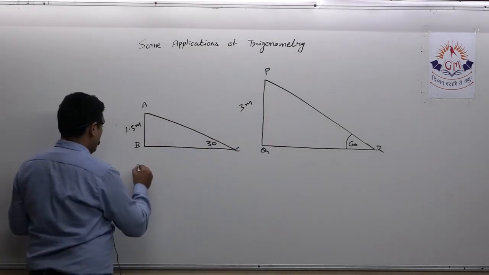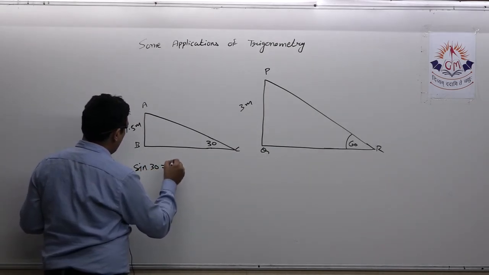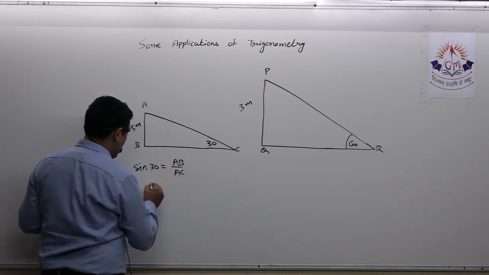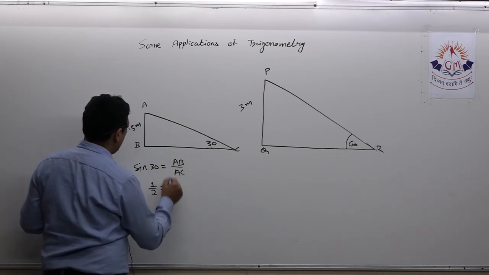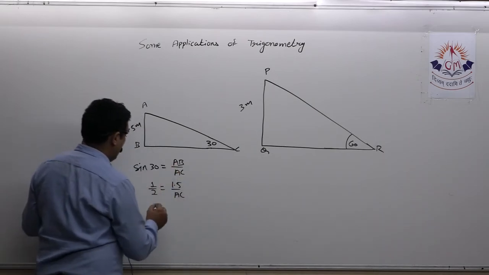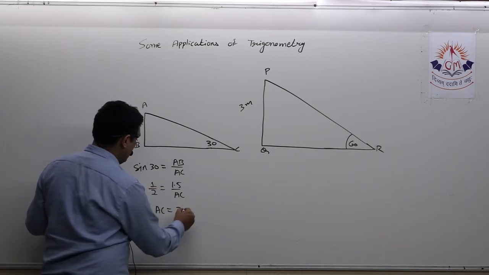So sine 30 is equal to perpendicular, that is AB, upon hypotenuse, that is AC. Sine 30 is 1 by 2, AB is 1.5, AC I have to obtain. So AC is equal to 1.5 into 2, that is 3 meters.